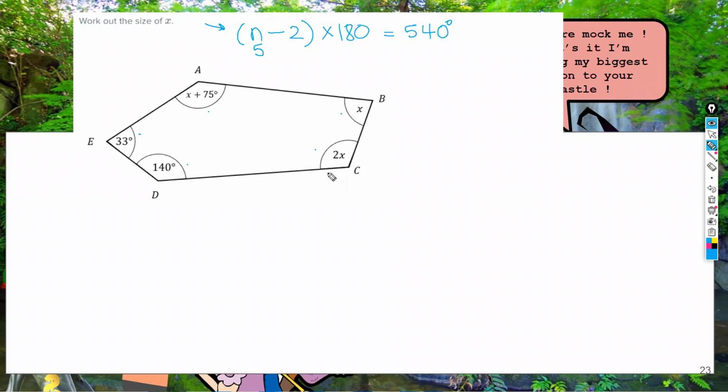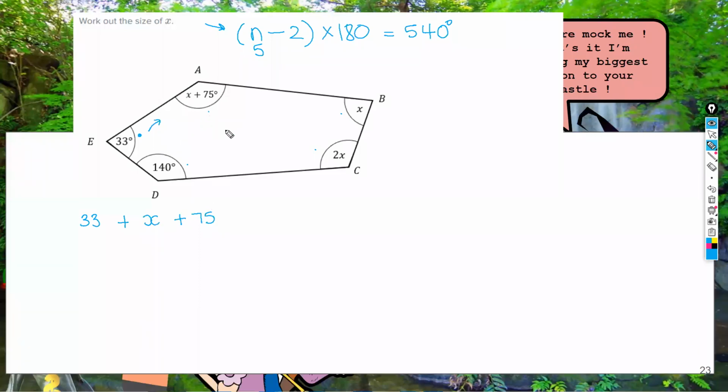We can make an equation out of this. This is where videos 4, 5, and 6 from the homework come into play. So let's add up all the angles. It doesn't matter where we start. Let me start with this one and proceed in this direction. Here's 33. We're going to add how much? X plus 5, so X plus 75.